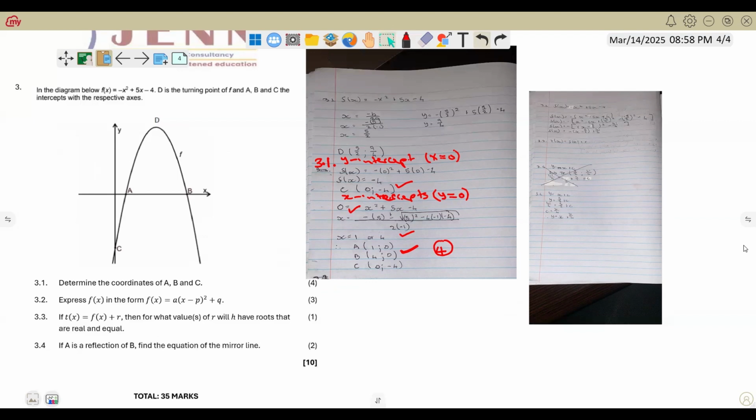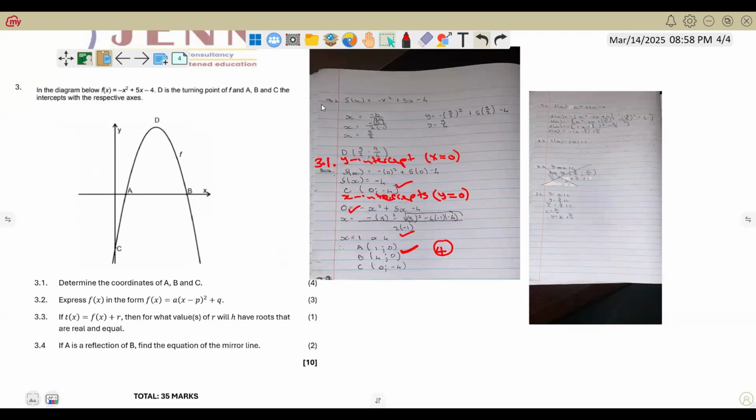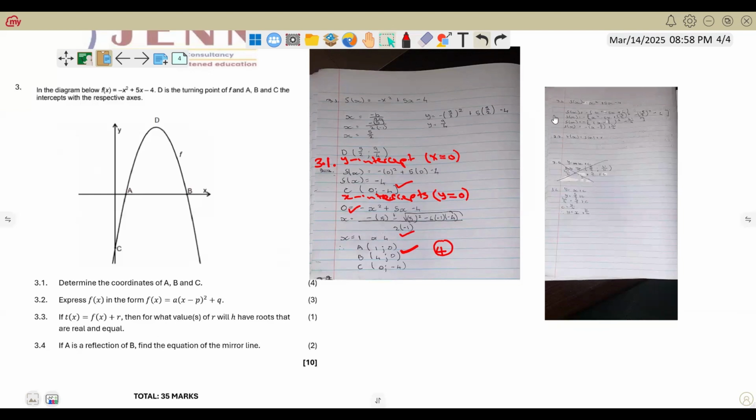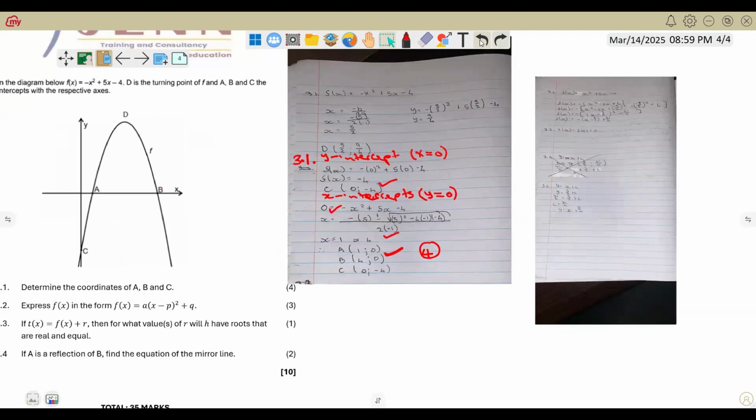So, the easiest way that you can do that, let me check. Do you understand what I'm saying? Yeah, you are saying this one and this one are not giving you the same thing, right? They're not giving me the same turning points, yes, whereas they should.